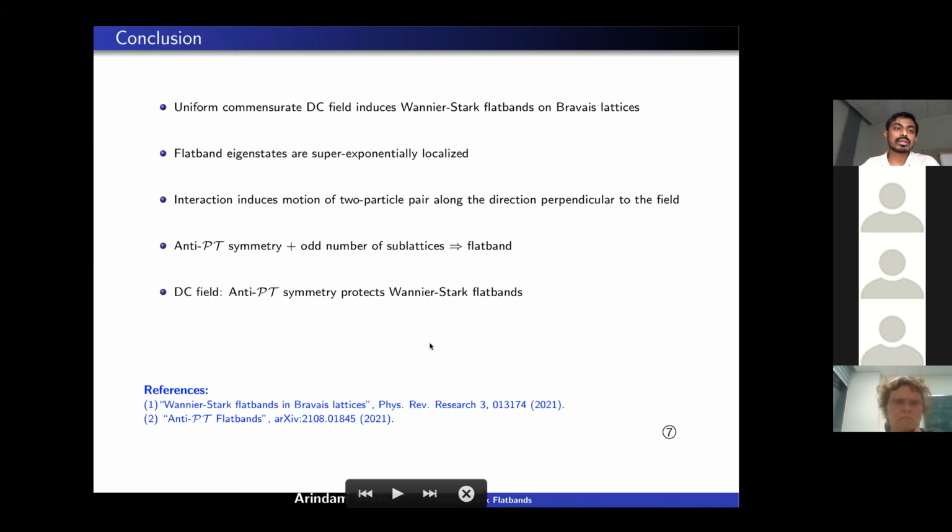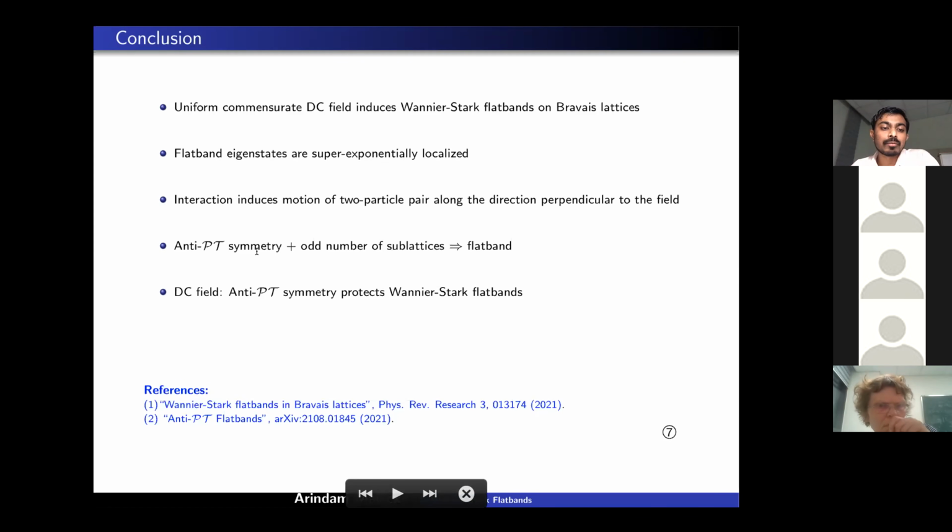As a conclusion, what I showed is that if we use a uniform commensurate DC field, that can induce a Wannier-Stark flatband on Bravais lattices, and the eigenstates of this flatband are super-exponentially localized. Introducing a two-particle interaction on such a system can induce particle motion, but only perpendicular to the field.